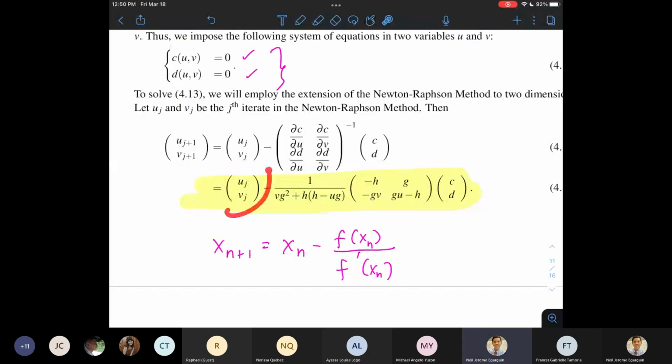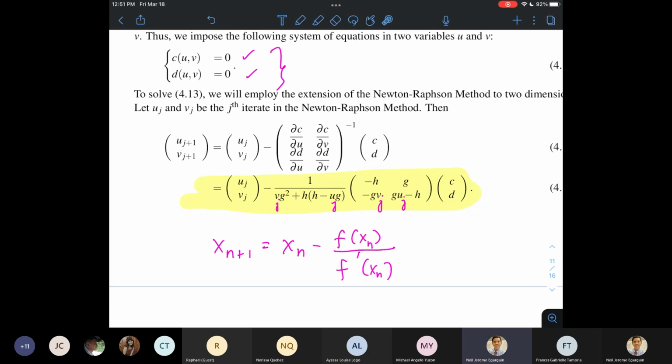Alright? So initial guess minus all of these guys, but V will be replaced by V sub 0, U will be replaced by U sub 0. Okay? Yun pala yung mali ko rito. Dapat ito ay VJ, ito ay UJ, VJ, UJ. So yun yung mga initial guesses. Alright?